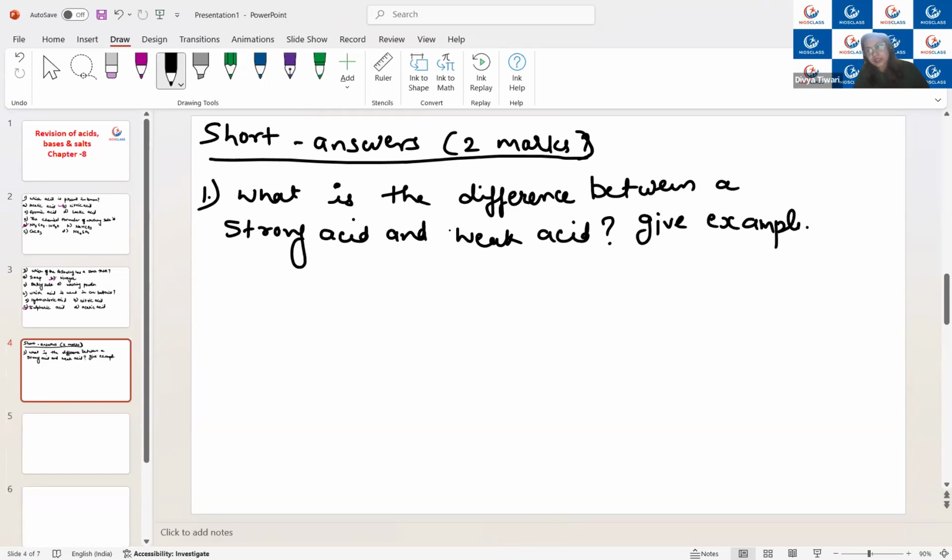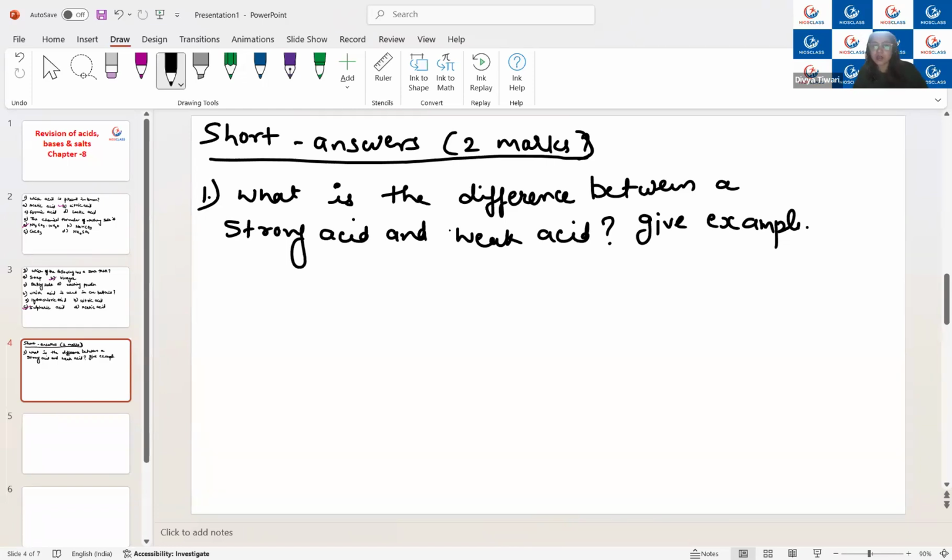During the dissociation of an acid, if it completely dissociates or dissolves into the water, then we say that it is a strong acid, whereas the acids which are partially dissolved are termed weak acids, and this is one difference.